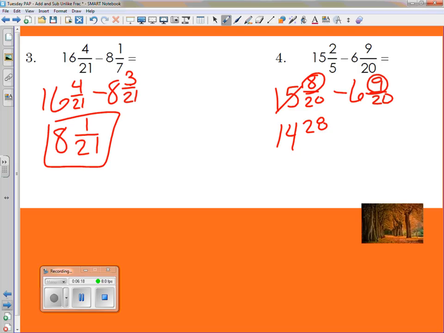Gives me 28 over 20 minus 6 and 9 twentieths. Now I can subtract. 9 from 28 is 19 over 20. 6 from 14 is 8. So your final answer would be 8 and 19 twentieths.